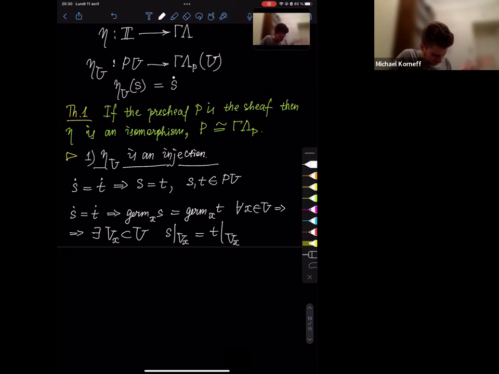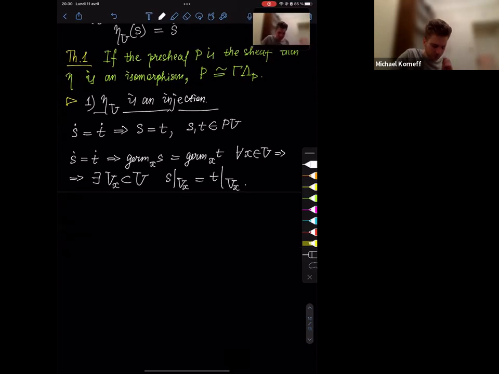And we can form an open cover of U, which consists of the elements Vx.